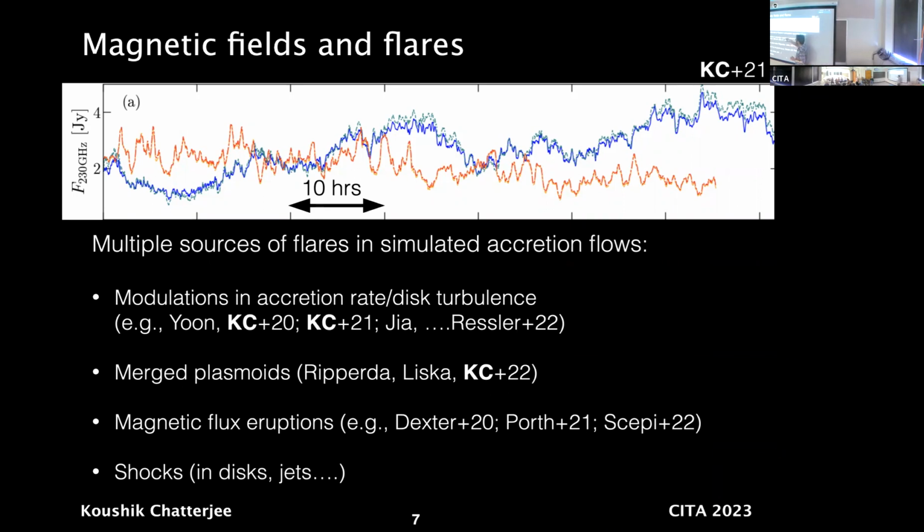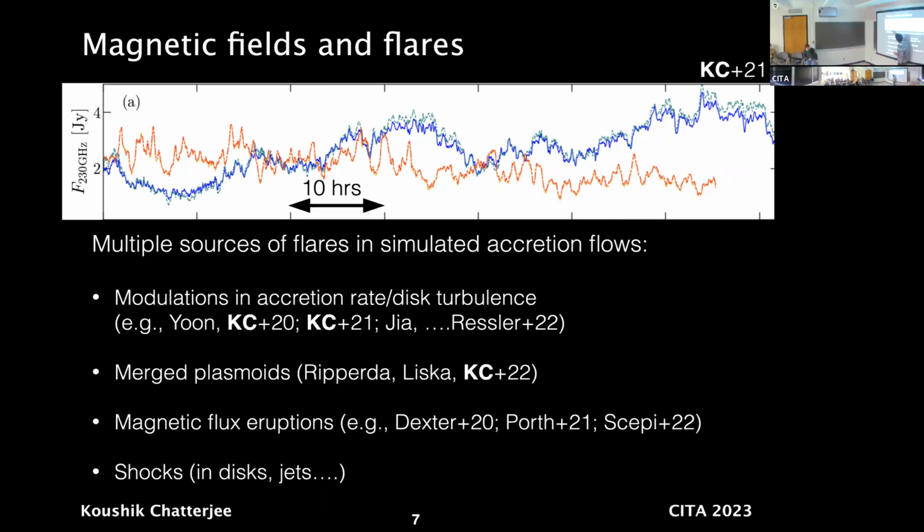Well, one is just the modulation of the accretion rate onto the black hole. When more gas is there, you get more emission. When less is there, you get less. And with this turbulence, you can get some amount of fluctuations. As an example, I have a sub-millimeter light curve from one of my simulations over here.